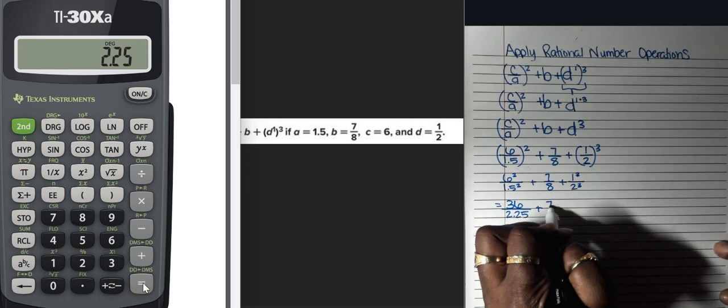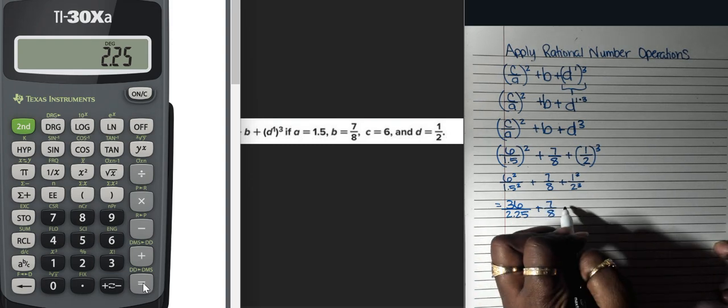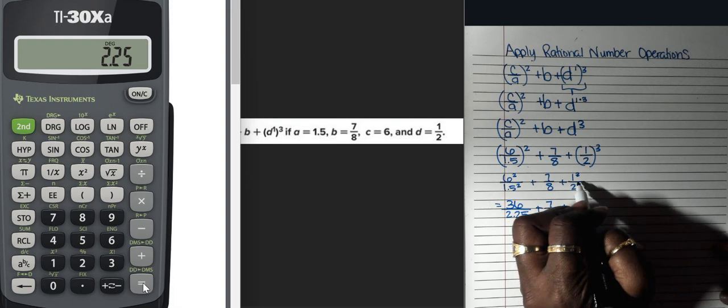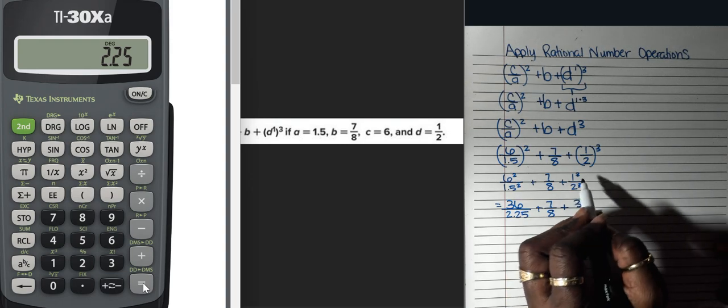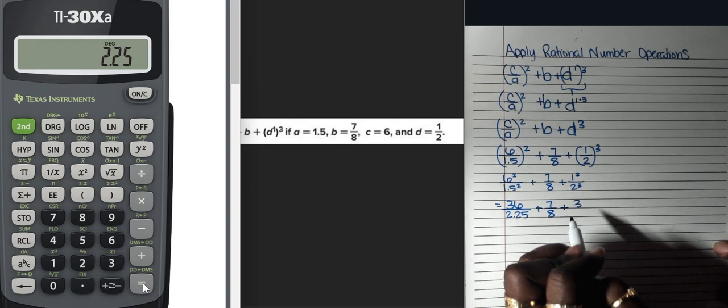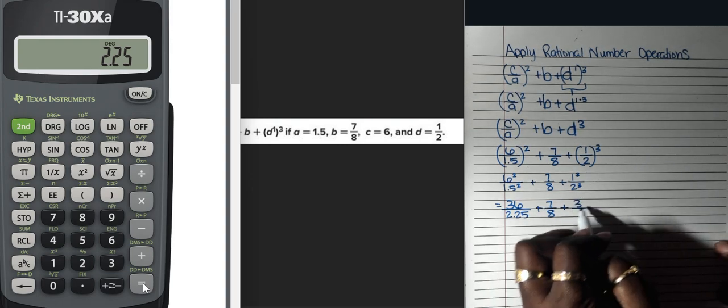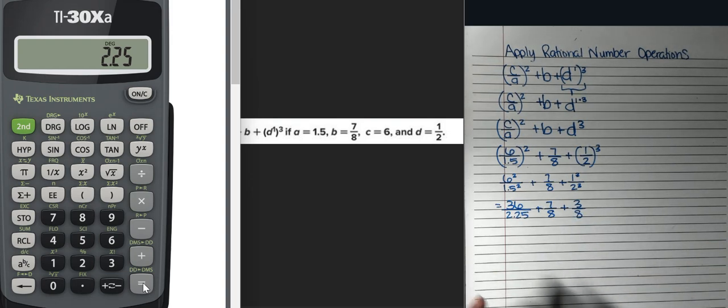Now we're going to add in our 7/8. And then we're going to add in 1 to the third power is going to be 3. And 2 to the third power is going to be 8. Okay. So now we have them all simplified.